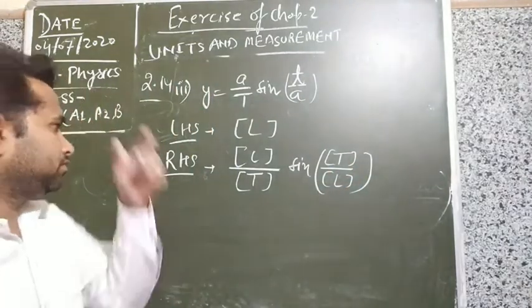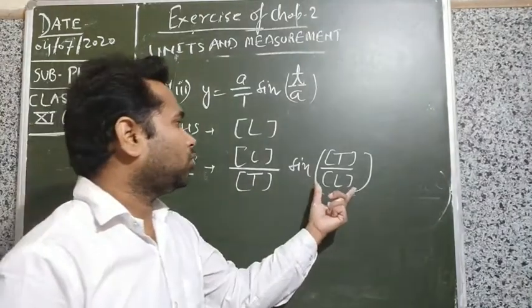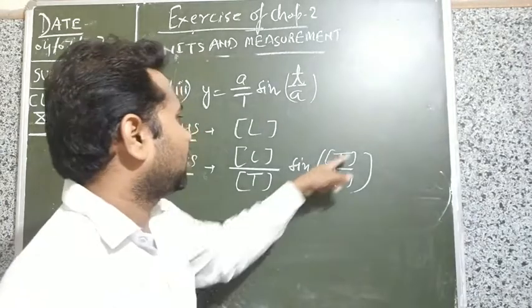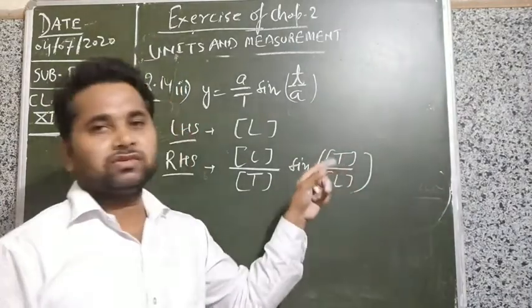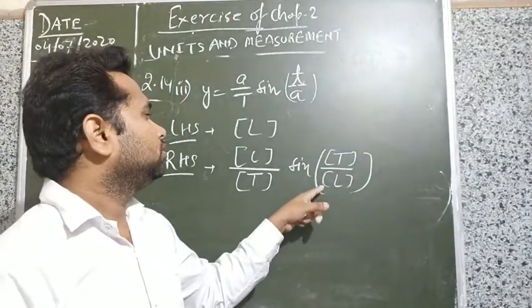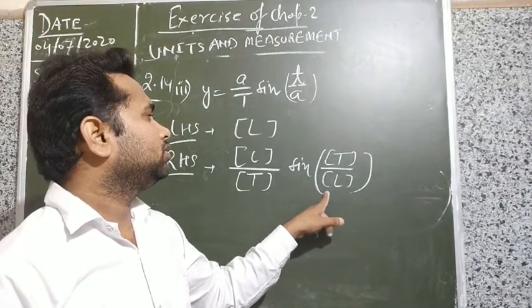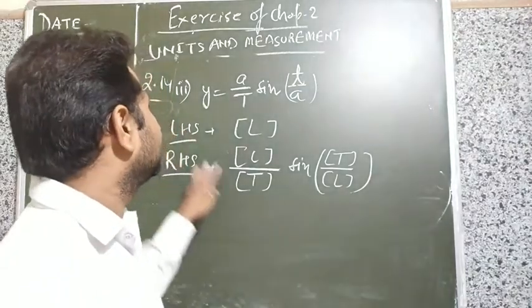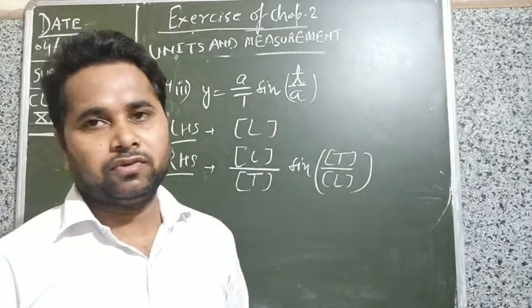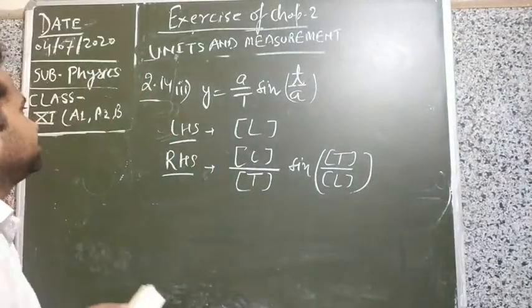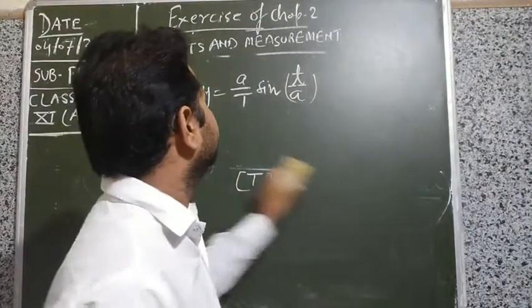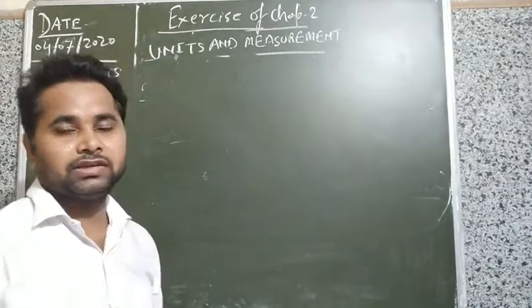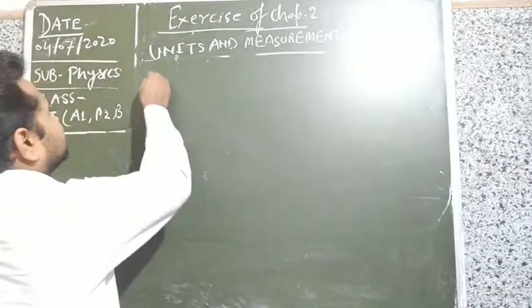So it shows that the argument dimension is TL minus 1. This is also wrong because angle is a dimensionless quantity. So the third relation is also false, dimensionally wrong.